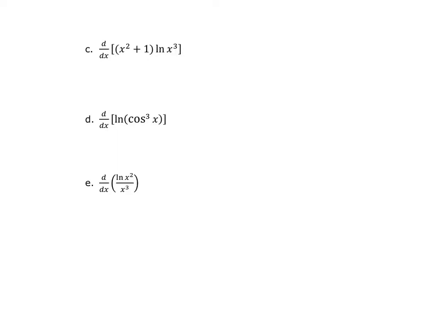To make my life easy, I'm going to consider this u, so that the derivative of this is going to be 1 over u times u prime. If u is the function inside my natural log, the first thing I'm going to do is find out what u prime is.